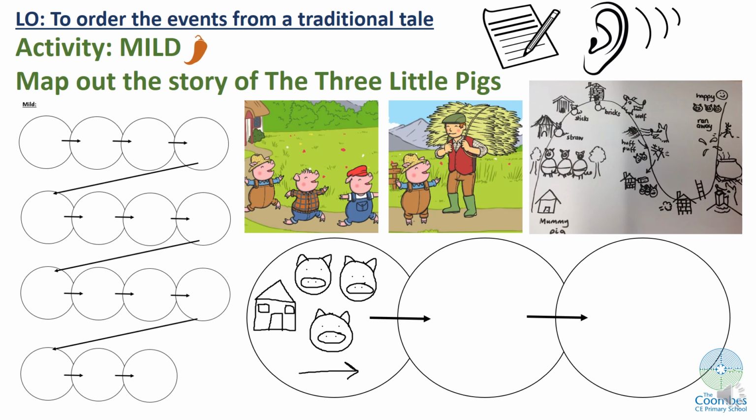The second part of my story is when the first little pig meets someone who is selling straw. So he meets a farmer that is selling straw. So I'm going to draw my first little pig.